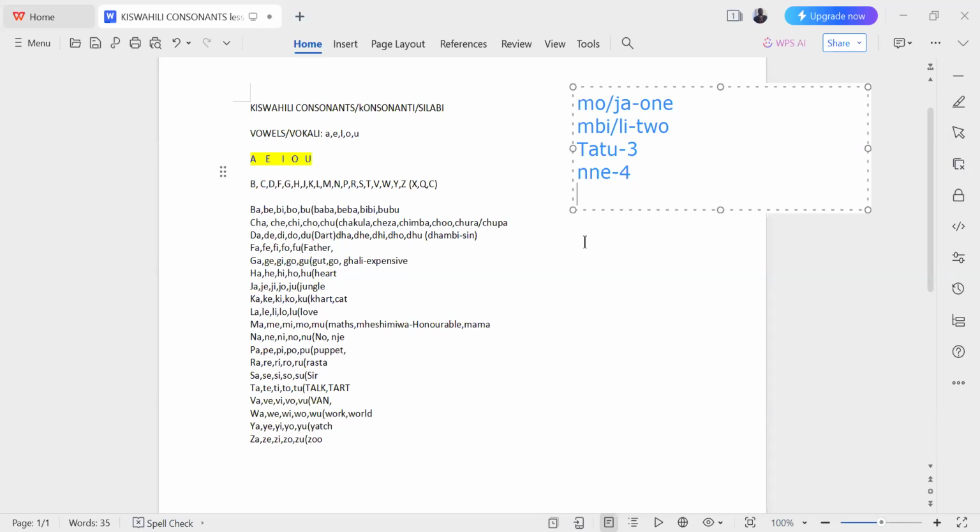Okay. Then for the 5, you take T-A again. Tano. Then you go to N-O, where N-O is no. So you say ta and no, and you get 5. Okay. Then 6, you take S-I, then you take ta, T-A, to make sita. Okay. So you see, you're trying to play with the syllables here.